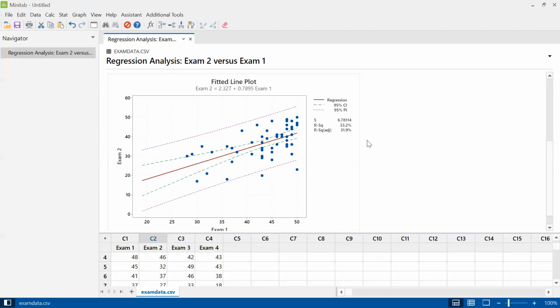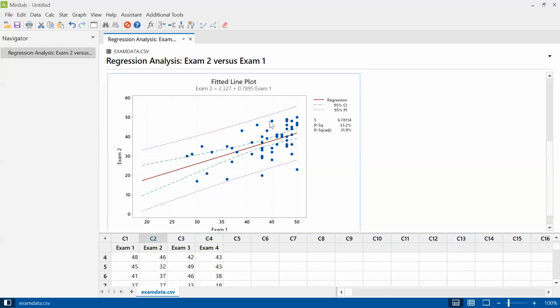And for all the people who got a perfect 50 on exam 1, where do we think the mean would be on exam 2? It would be somewhere between those two dashed lines. So it's kind of like a 95% confidence interval, but just limited to a single exam 1 score. And presumably the higher the exam 1 score, the higher that interval would be.